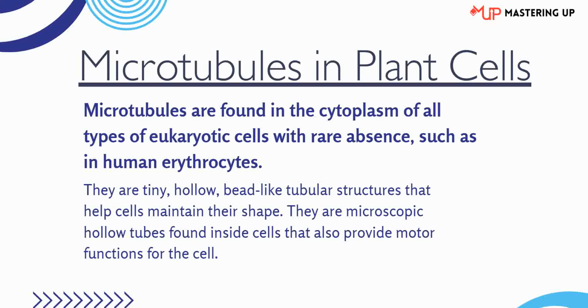This means they are not present in human erythrocytes, but they are present in eukaryotic organisms. They are tiny, hollow, bead-like tubular structures that help cells maintain their shape. They are microscopic hollow tubes found inside the cell that also provide motor functions to the cell.